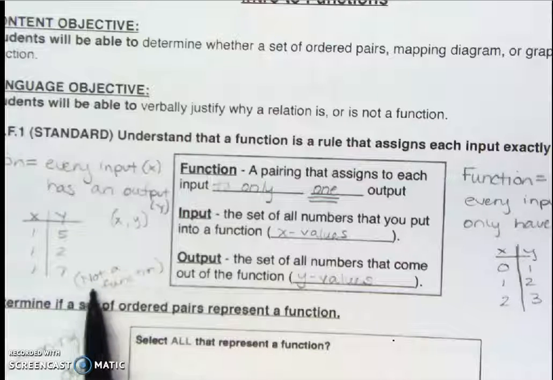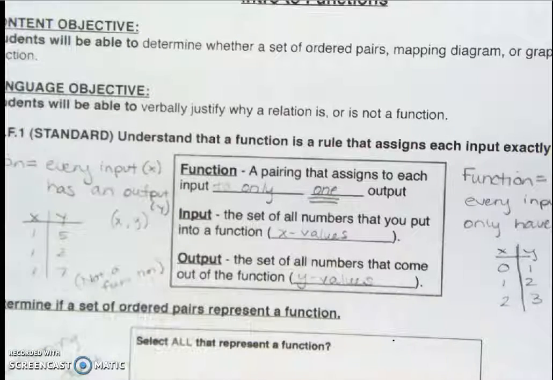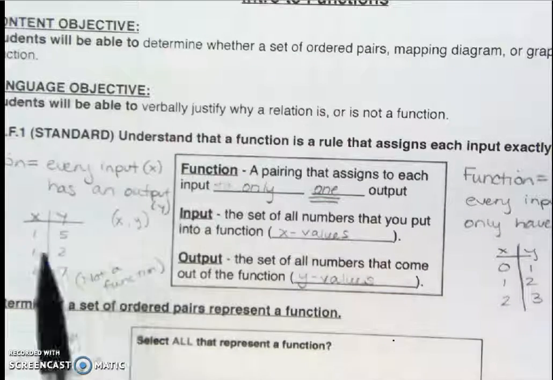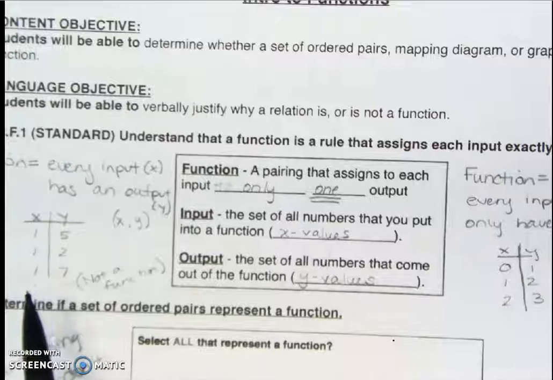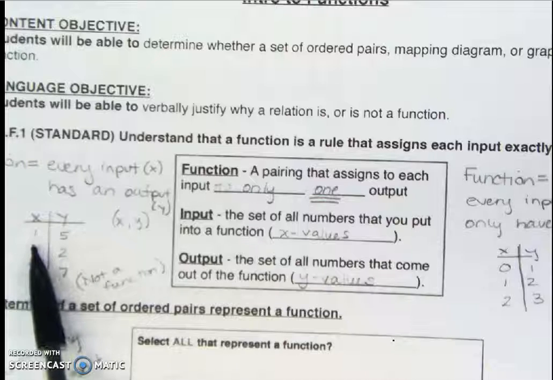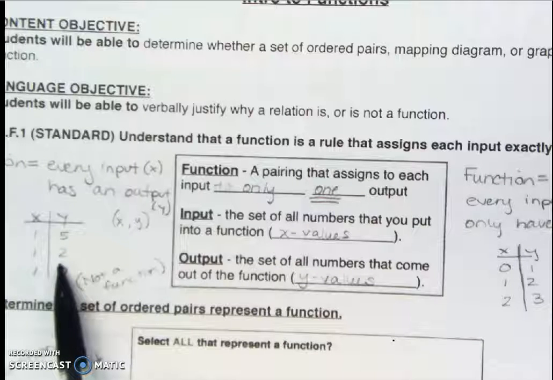That's not a function. If you input a number, you should only have one output for that number. This one would be considered a function. This one would not. A little trick to remember this is look for repeating X values. If you see an X value repeat with a different Y value, then that means it's not a function.